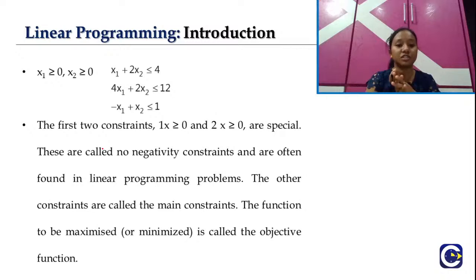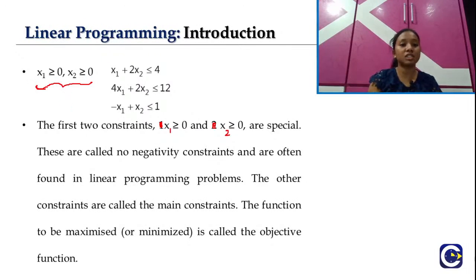So let's see the classification. Sorry, this is x1 and this is x2. The first two linear constraints are given by x1 greater than equal to 0 and the second one x2 greater than equal to 0. These two are nothing but special constraints.